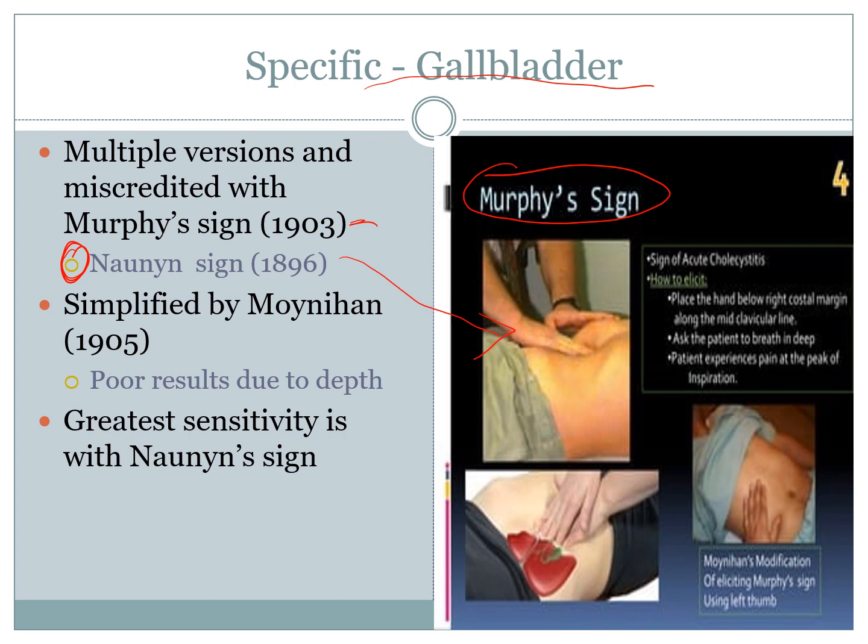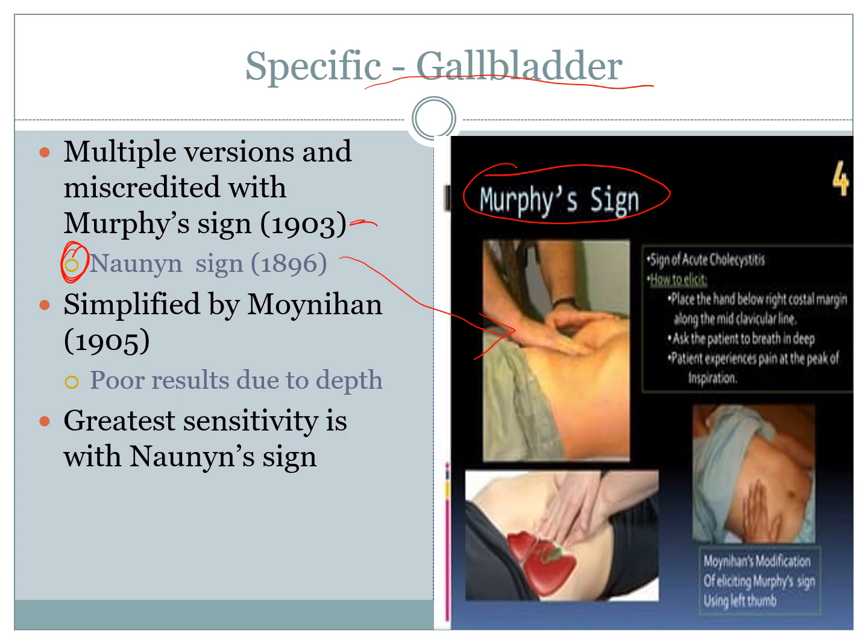Okay, so if you ever learned Murphy's sign, you probably actually have learned Nyan sign, and Murphy's sign was originally done by standing behind the patient when they were sitting up, and you'd actually hook your fingers right underneath the rib cage and stick your fingers on the gallbladder and then get them to breathe in. The other way to do it supine was to turn your fingers into like a chisel, for lack of a better term, and then hit the top of your hand down, so you'd actually go in and basically punch the gallbladder, causing a mass discomfort. So that was Murphy's sign, and yet he gets all the credit for the actual test.